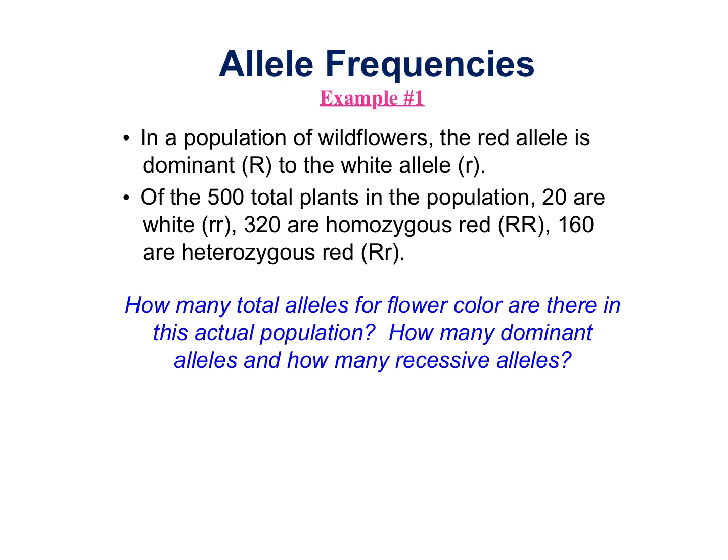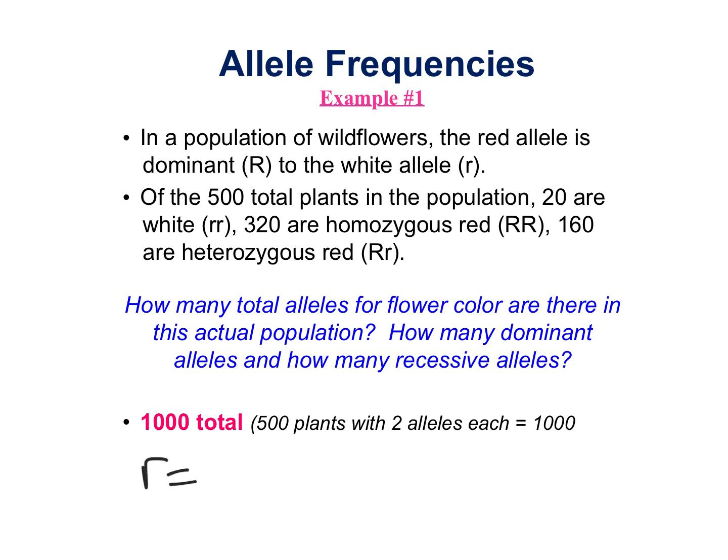So first off, we can already tell that there is going to be 1,000 alleles total. There's 500 plants, each plant has 2, making a total of 1,000. But from there, we are going to want to divide this up into its subsections. So if we first focus on our little r, we have 500 total, 20 of them are little r.